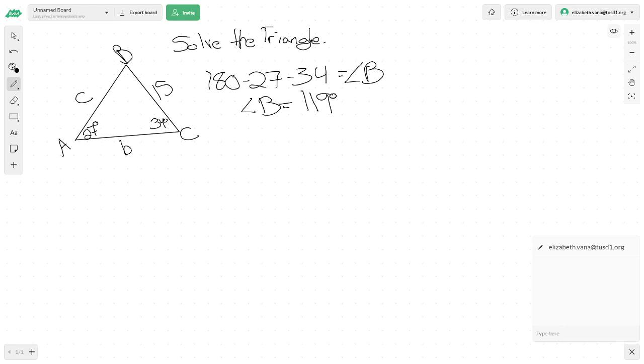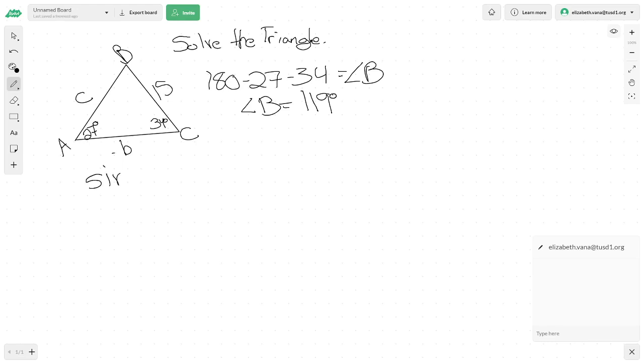Now we need to find sides C and B. And in order to do that, we're going to use the law of sines to find side C and side B. Since we have both angle A and side A, we're going to use that to help us find the other sides. So let's look at how we set that up.